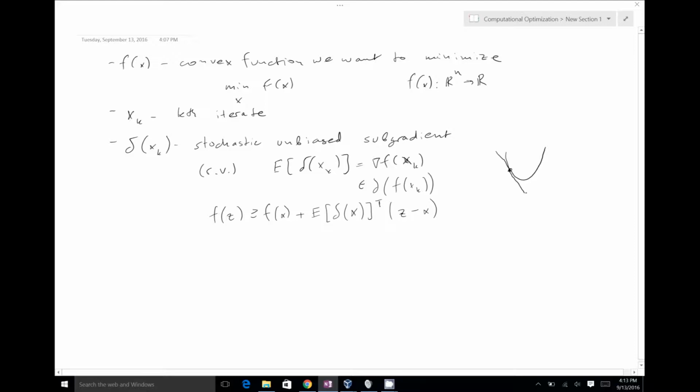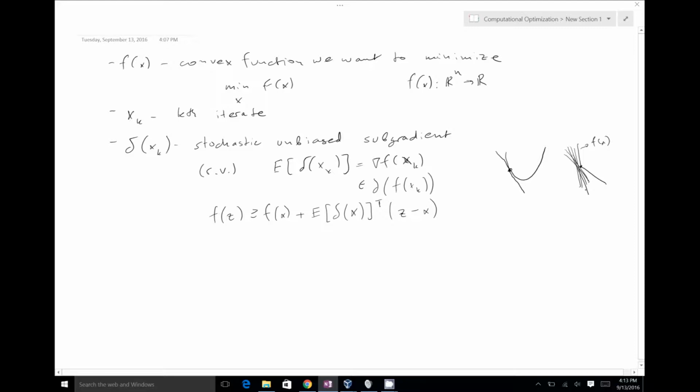So for example, let's say this is f of x, and we're at this kink point. At that point, there are actually many subgradients. All of these different lines have a slope that's a subgradient, because all of them underestimate the function.